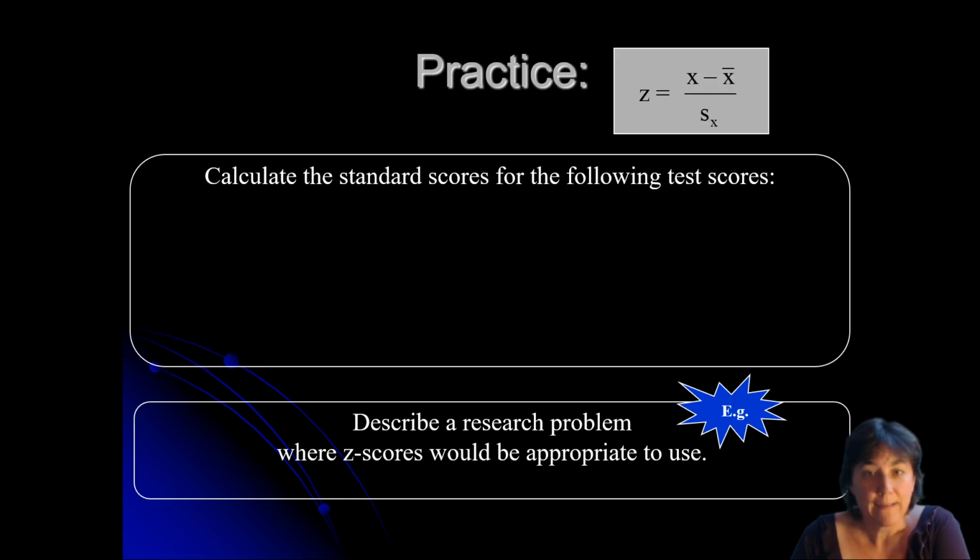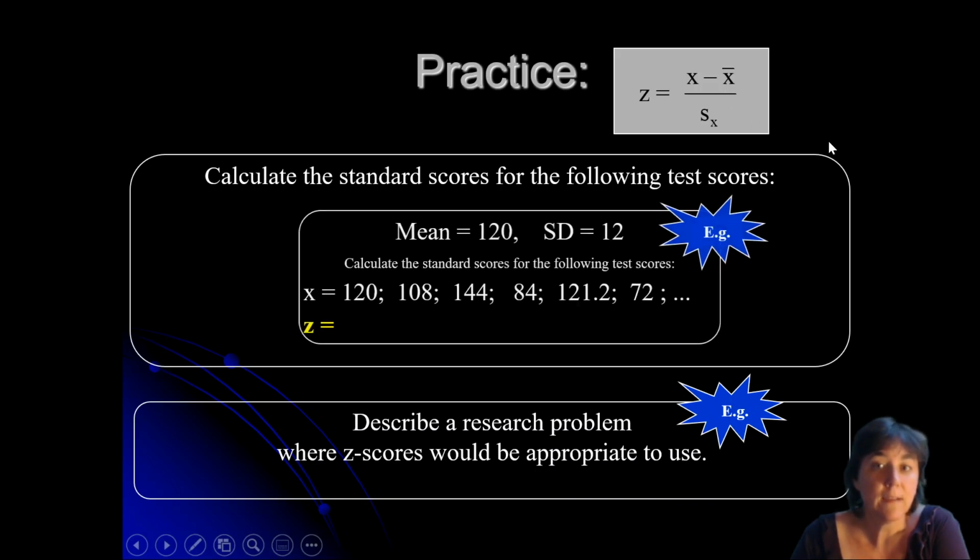Let's have some practice. Calculating z-scores is really simple. You just have to use this formula. Calculate the standard scores for this data set. The mean is 120, standard deviation is 12. So 120 obviously will be whatever the formula is.